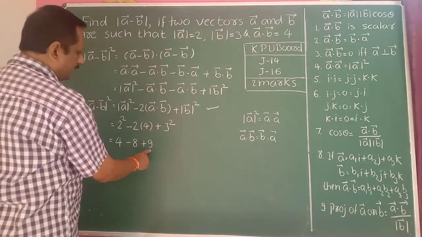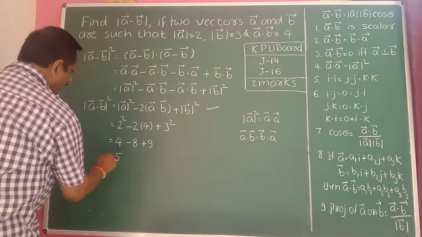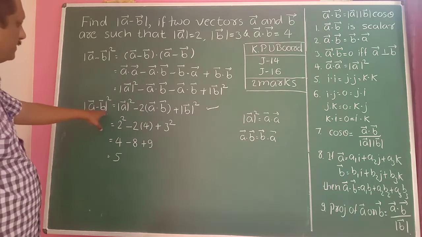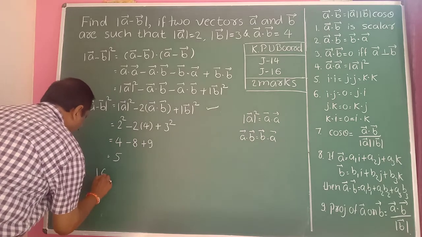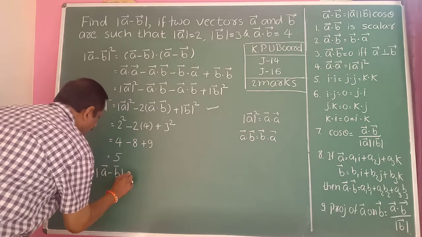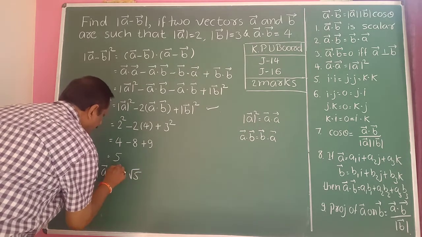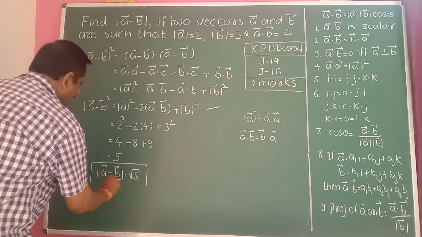Then 9 minus 8 gives 1, plus 4 becomes 5. So modulus of a bar minus b bar whole square is 5. Take square root on the right-hand side. Hence modulus of a bar minus b bar is equal to root of 5. So this is the answer.